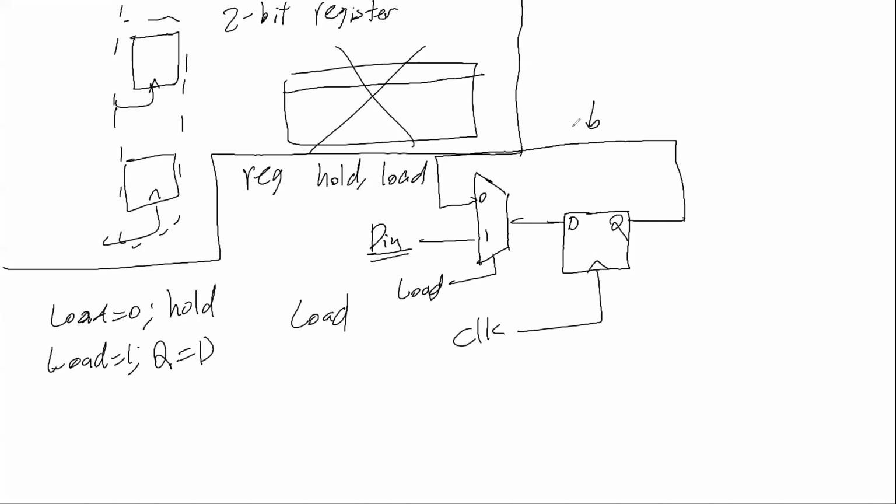Now this is for 1-bit register. If I want 3-bit or 4-bit register, all I need to do is to replicate this design. So let's say for a 3-bit register, I'll have 3 flip-flops. I will have 3 multiplexers.